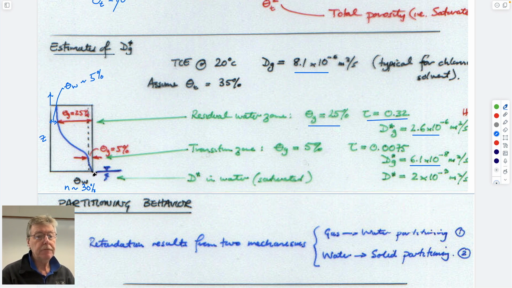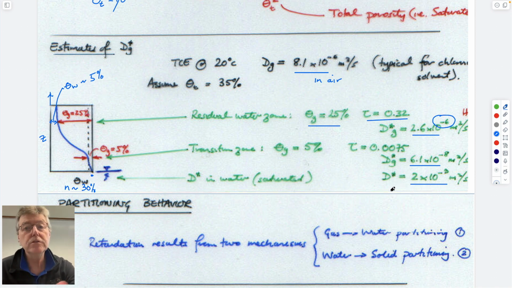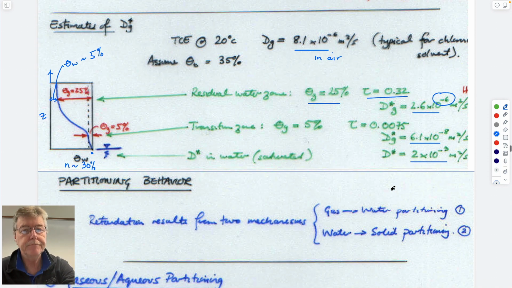If you're looking for the diffusion coefficient as you go into the water, you need to use D star for the diffusion coefficient in water, which instead of being of the order of 10 to the minus 6 meters squared per second as in air, I said before is of the order of 10 to the minus 9. So three orders of magnitude slower than it would be in air. So presumably it takes longer for odors to travel than they do in air.